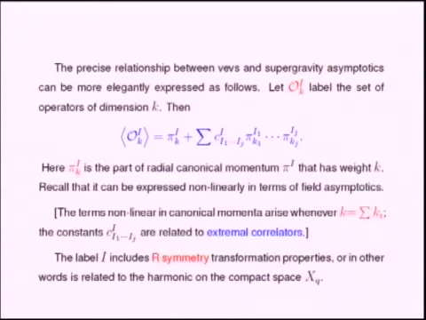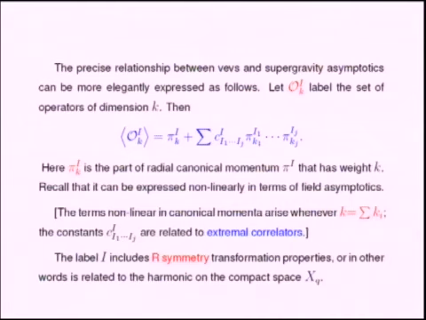It's perfectly correct as a method, but it's not utilizing all of the underlying structure, and is thus unsurprisingly not the most efficient method. You have to do a lot of work, and you get expressions for the VEVs which look a mess, and you don't understand where they came from. So in the new way of doing holographic renormalization, you express the relationship between VEVs and supergravity asymptotics as follows.